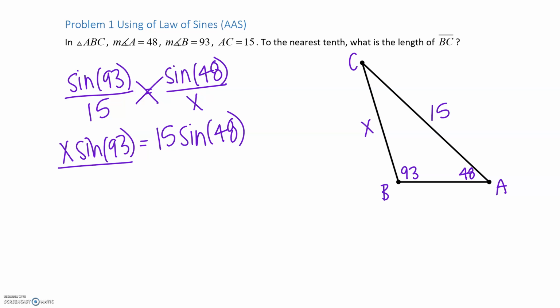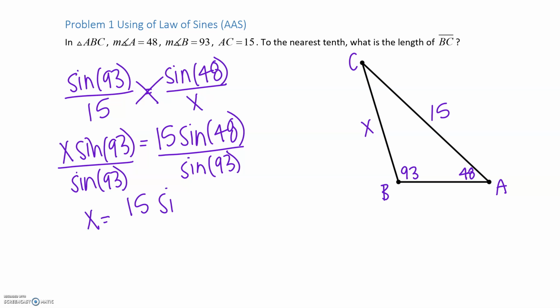So to solve for X, we're just going to divide both sides by the sine of 93, which leaves us with X equals 15 sine of 48 over the sine of 93.